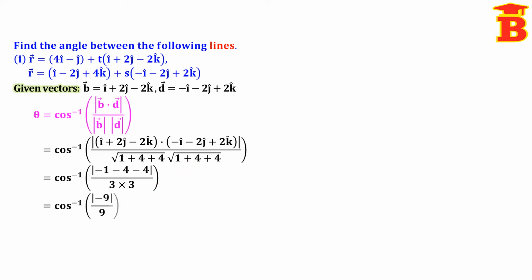So this is equal to cos inverse of modulus of minus 9 divided by 9. Here we can cancel 9, and remember modulus means only positive term. So we can omit the negative sign and we take the positive only.